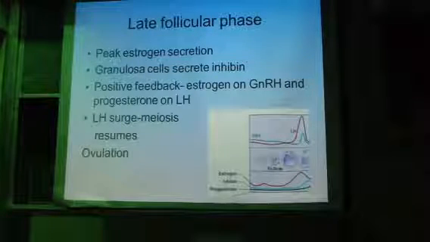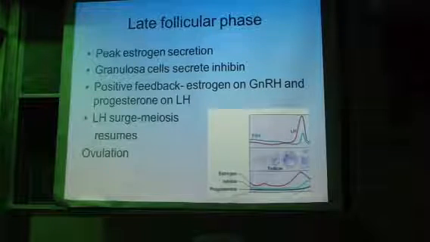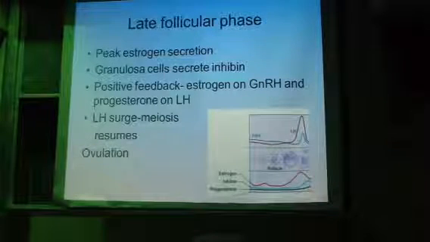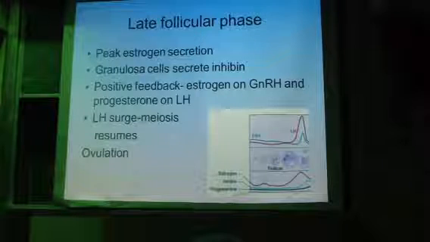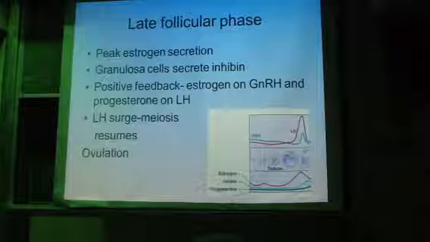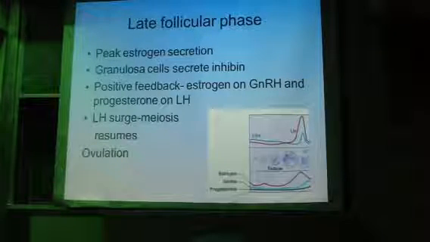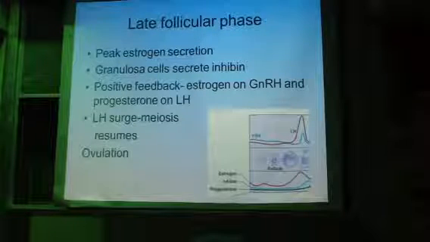So also you see that the inhibin levels kind of bump up here. Inhibin is going to inhibit FSH. You're going to slow it down late in the cycle, because you don't need a lot more estrogen now. You don't need a lot more follicular development. So the inhibin is going to feed back on FSH to inhibit more follicular development.